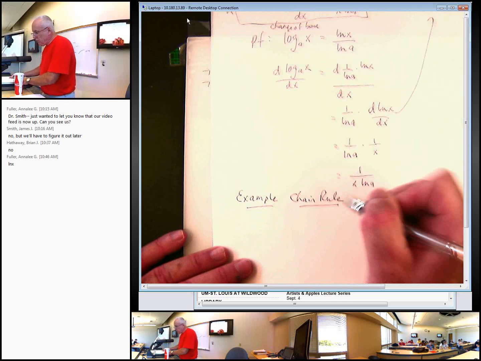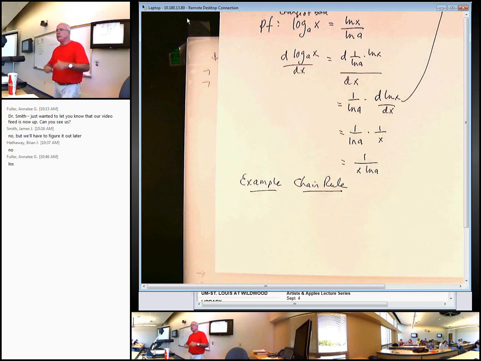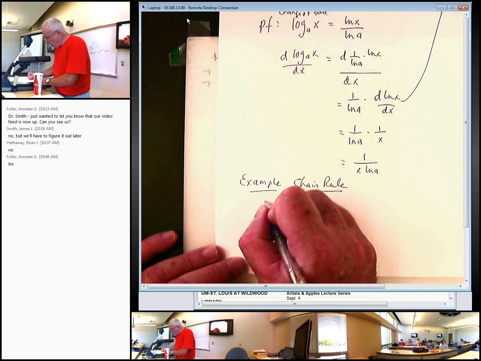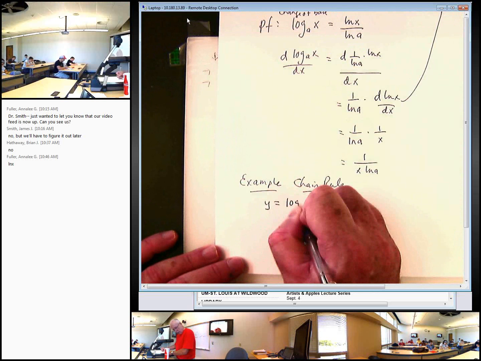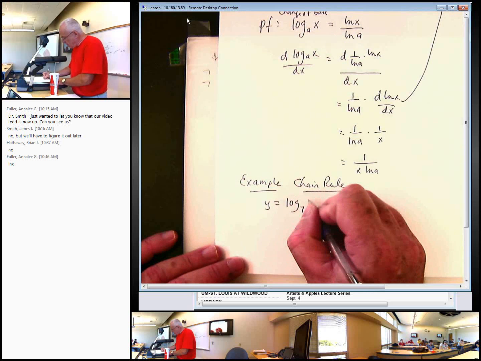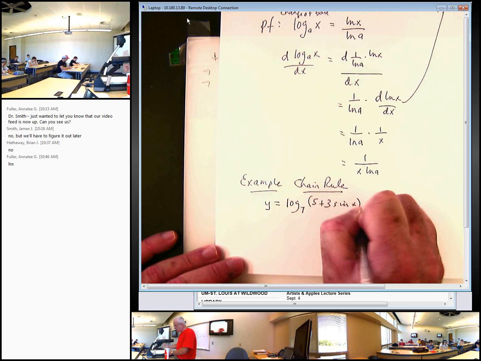If any of you are a little fuzzy on chain rule, you're going to just keep on seeing it and seeing it, believe me. All right, here's the example. y is equal to the log, let's make it the log base 7 of 5 plus 3 sine of x.